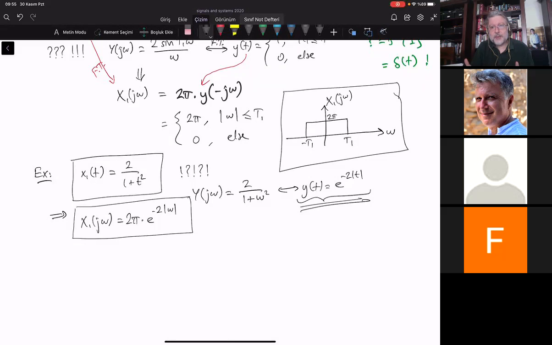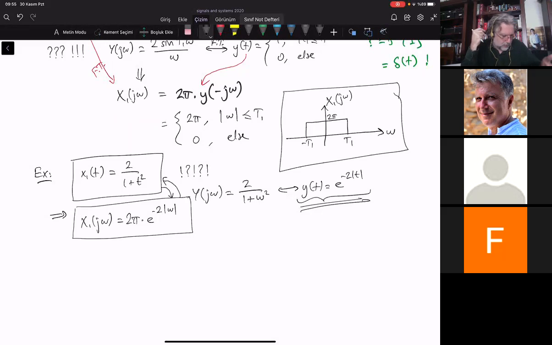So where did you find it? We found it from the fact that if we start from this as a time signal, we will get this one as the Fourier transform. That is the duality property. So you have to search for a known signal, a signal that you previously know or have in the tables.